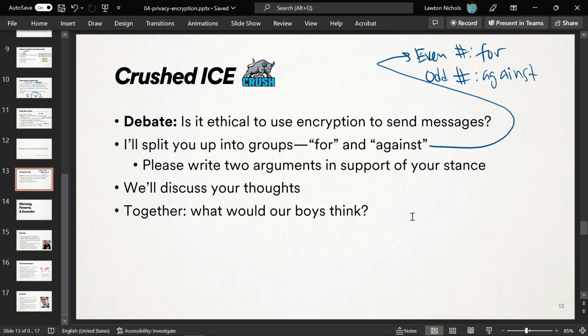Is it ethical? Should we be using encryption? Think about this from every point of view. Like your point of view as the sender, as the receiver, as somebody else who might be affected, law enforcement, all that stuff.